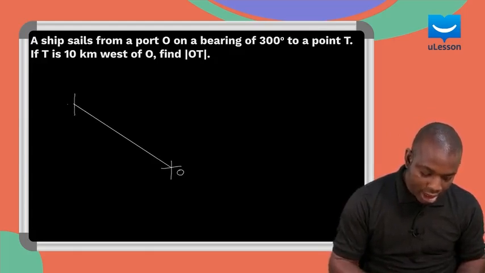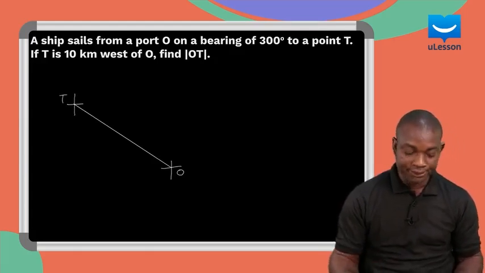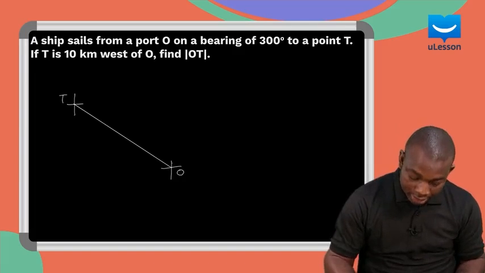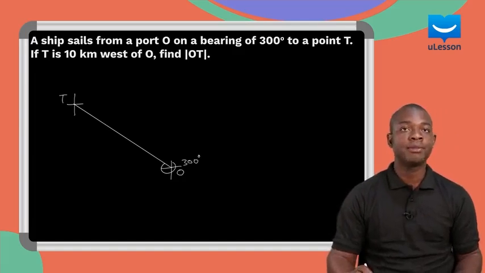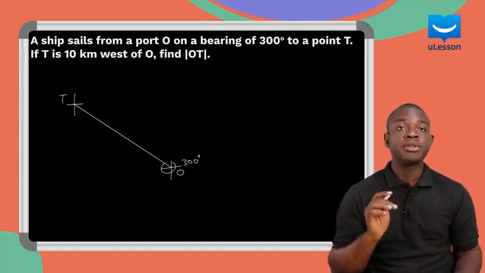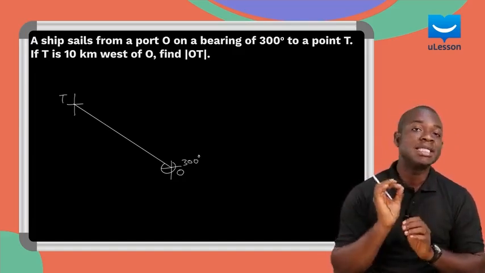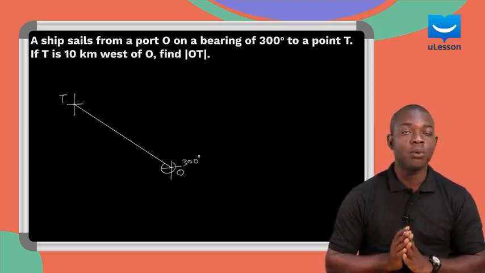And here we have point T. Now recall the bearing here is 300 degrees. All right. Now, we are told that T is 10 kilometers west of O.